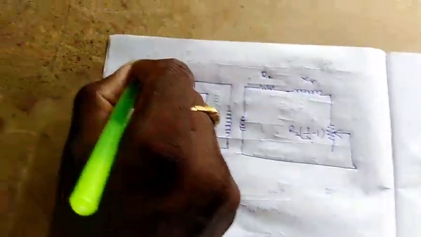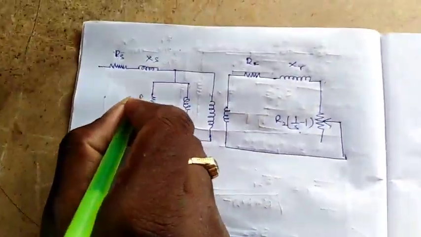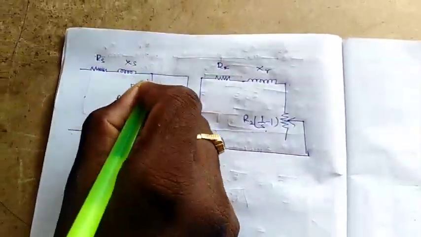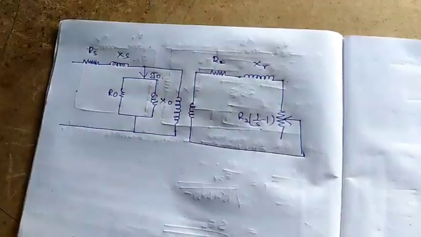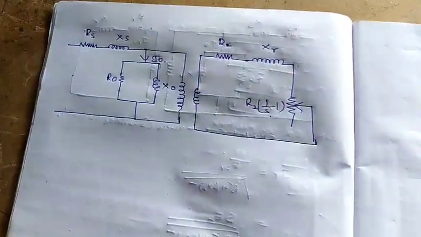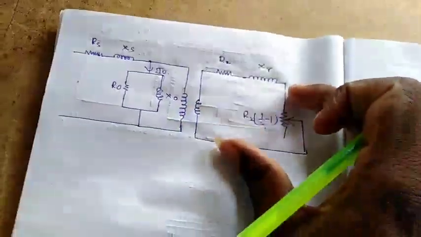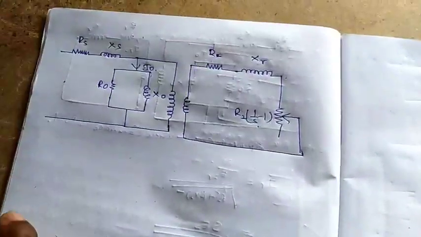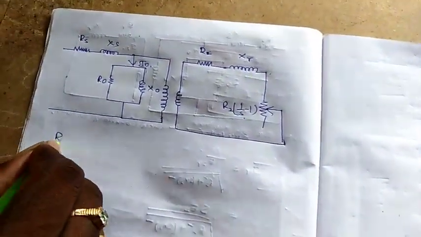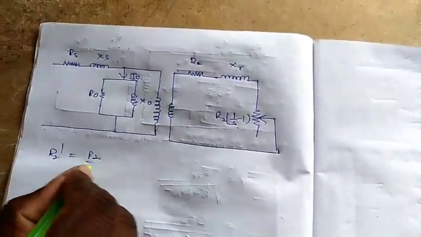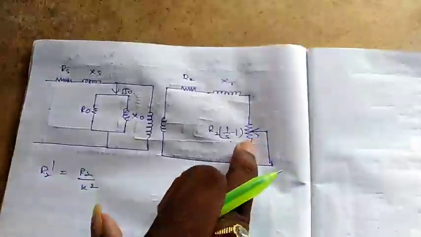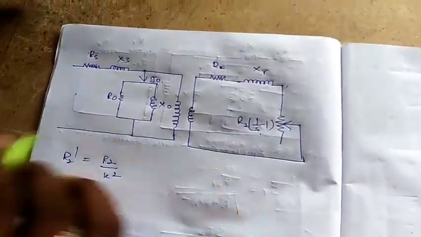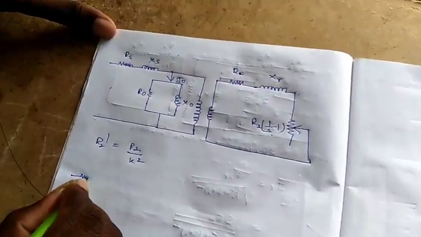So we can transfer this secondary to the primary. This is RS, XS, R0, X0. This is I0. So we can transfer this secondary to the primary side. That is R2 dash equal to what? R2 by K square. Similar way you can replace the others, and also redraw the circuit.